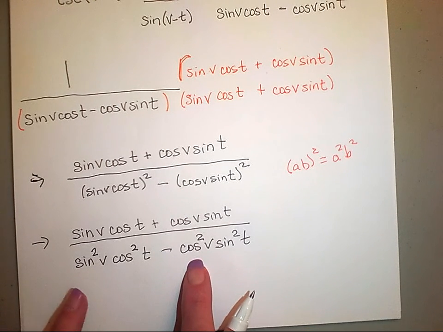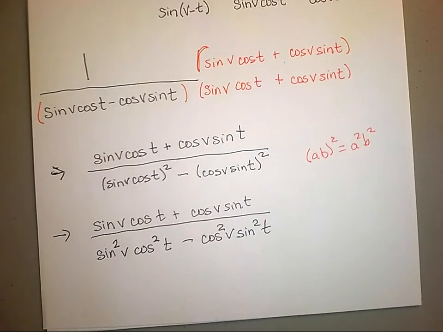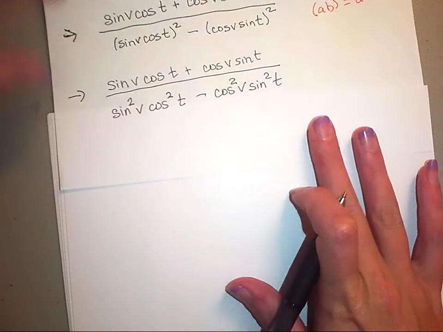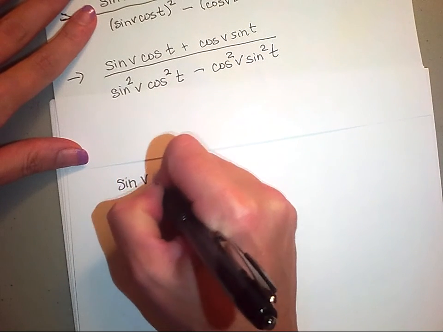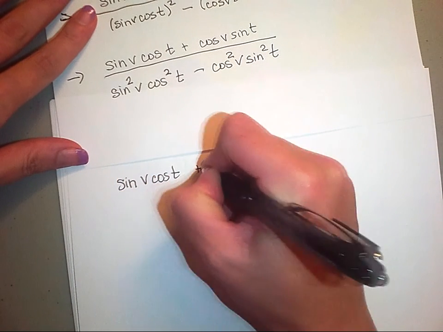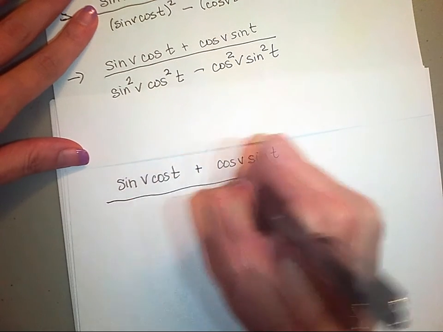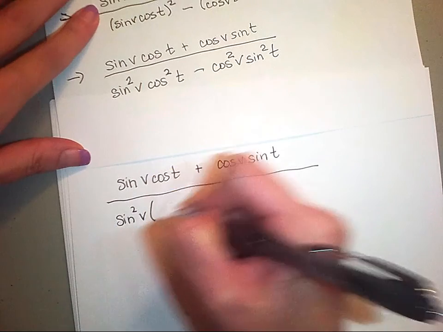All right. Well, then, if we don't have any sines in what we're going for, or any cosines, we have no cosines in here. Let's replace these. So keeping the numerator the same, sine of v cosine of t plus cosine of v sine of t, just copying. Then sine squared of v.